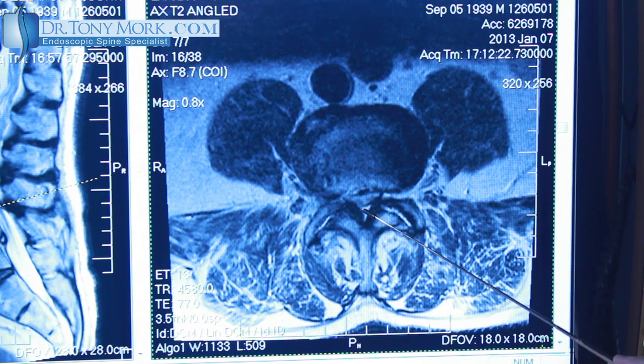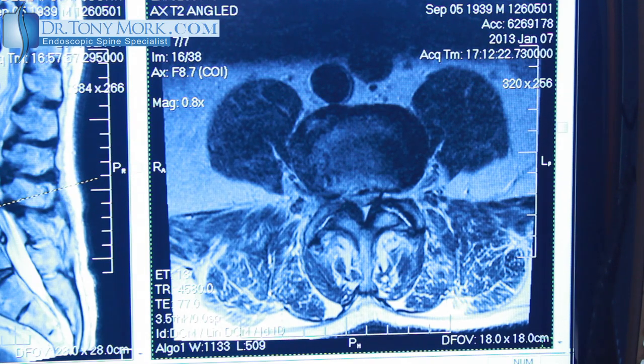The black stripes here are thickened, and in this case, somewhat calcified ligamentum flavum. As a result, the spinal cord is compressed here, which is resulting in pain and radicular leg symptoms, in particular leg symptoms of pain and numbness.